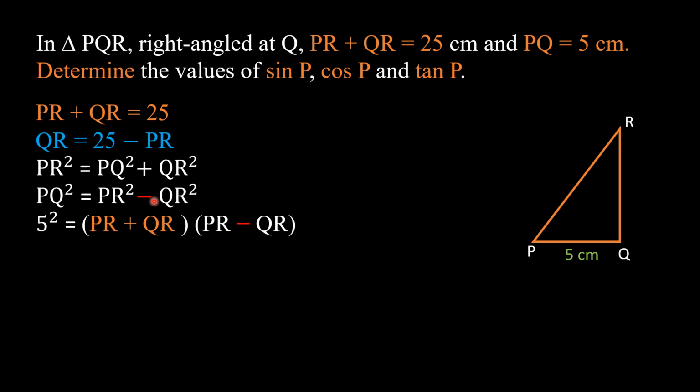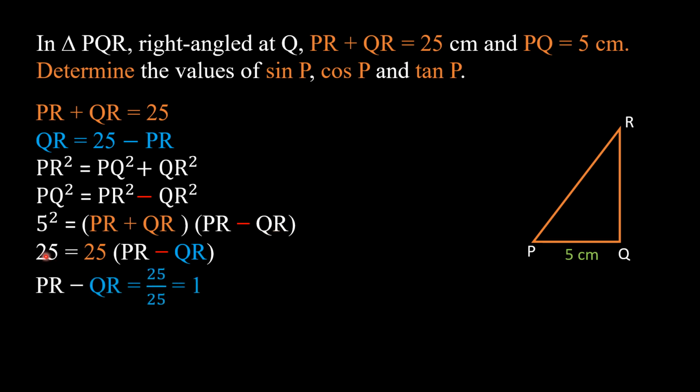PR squared minus QR squared is difference of two squared quantities. So this can be factorized as PR plus QR multiplied by PR minus QR, out of which PR plus QR is given to be 25. So we will put 25 for this and write 25 equals 25 multiplied by PR minus QR. So PR minus QR becomes 25 divided by 25, which will be 1.